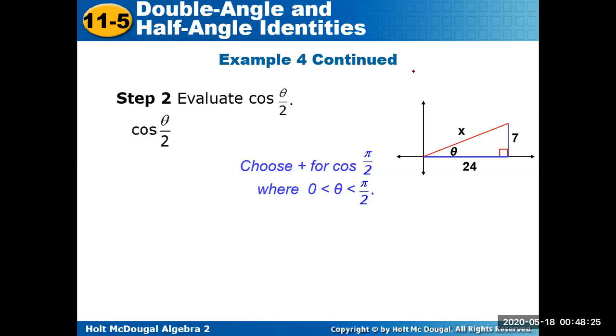So theta over 2 will also be in the first quadrant, and that's why we are choosing positive. Or you can choose based on your maximum angle, that is given as pi over 2. Cosine pi over 2 is positive.